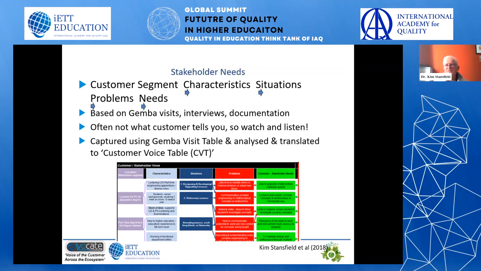And based on Gemba visits, Gemba just means visit the crime scene or visit where the action's going on, visit lectures, understand what the lecturers are doing, understand what the IT support people are doing, understand what the students are doing. So by looking at these things, you create a picture of what's actually happening in the operation.